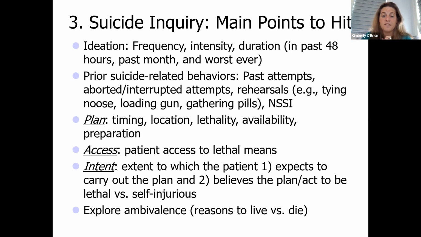Access means, does the adolescent have access to lethal means, to what it is that they are thinking about doing to kill themselves? And intent is the extent to which the adolescent, one, expects to carry out this plan, and two, believes that plan is going to be lethal, is going to kill them, versus simply self-injurious.